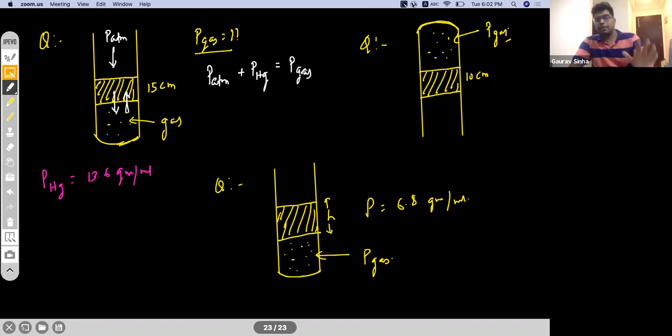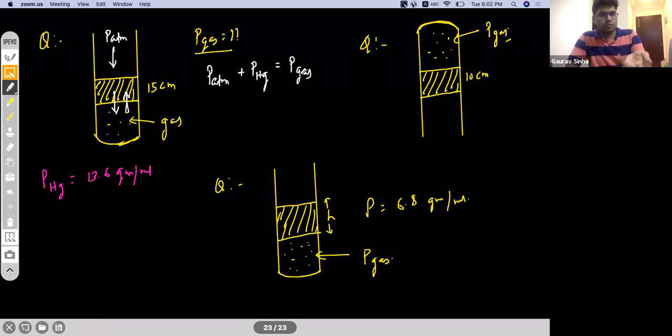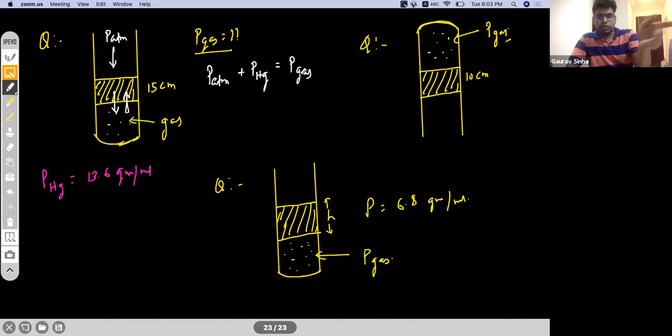I'm not doing anything, I'm just balancing the force. When you balance the total force, the cross-sectional area will get cancelled, Shraddha. You balance the force only. The cross-sectional area is the same. In that expression, the area gets cancelled. So you balance the force, pressure into area.